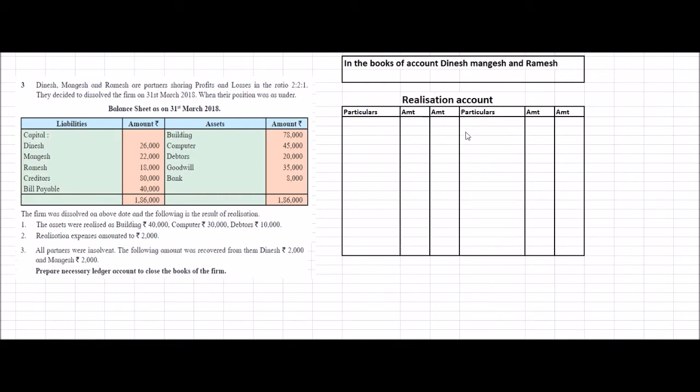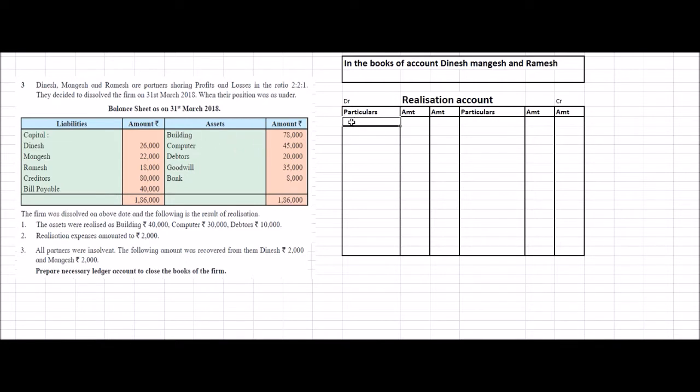All the assets will come on the debit side and the liabilities on the credit side. So, what are our assets?